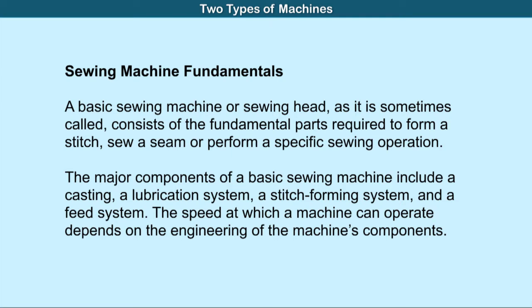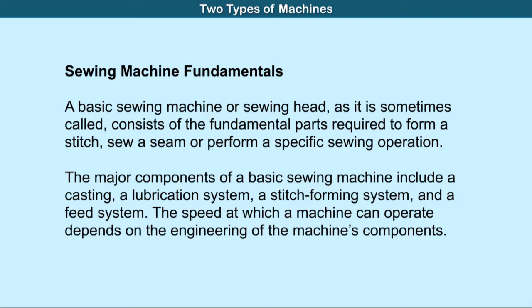Sewing machine fundamentals. A basic sewing machine, or sewing head as it is sometimes called, consists of the fundamental parts required to form a stitch, sew a seam, or perform a specific sewing operation.